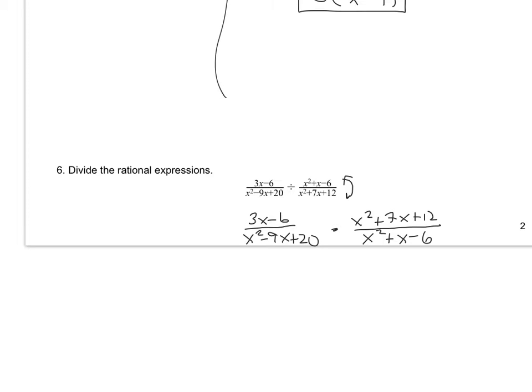So now I'll factor each of the tops and bottoms. So for the first one, 3x minus 6, I can just take out a 3. For the bottom right, I'm thinking of two numbers that multiply to 20 and add to negative 9. So that's x minus 5, x minus 4.